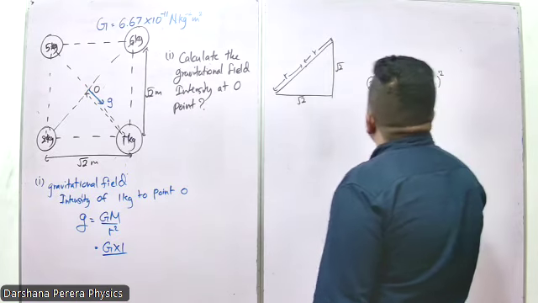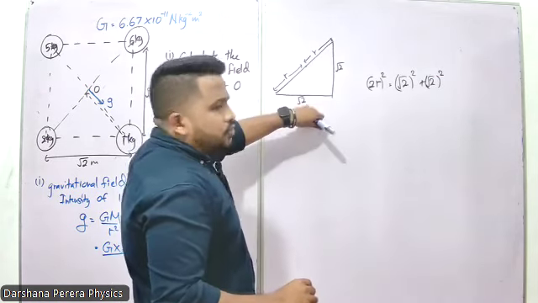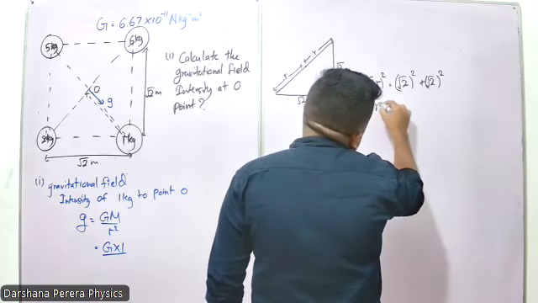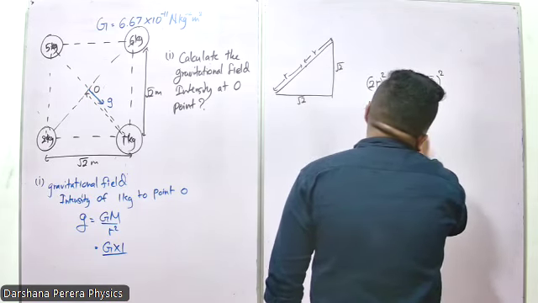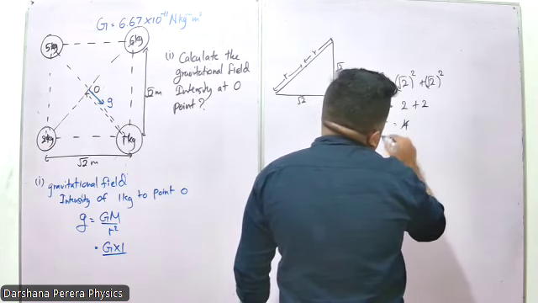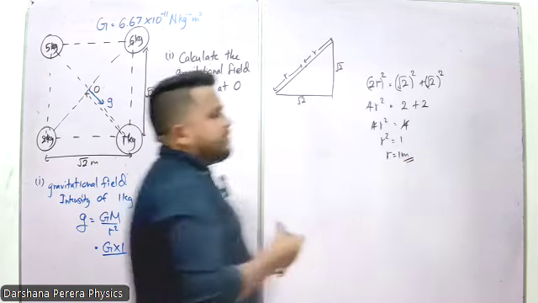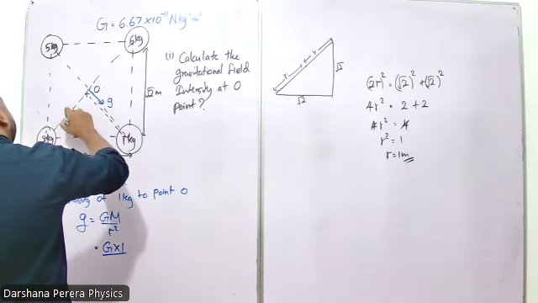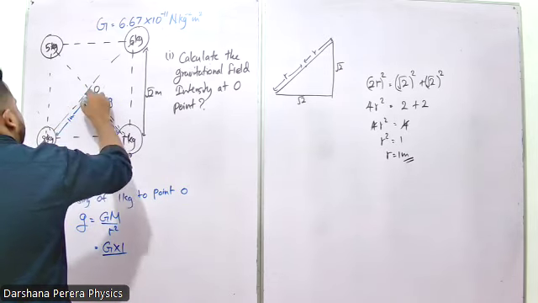So 4R square equals 2 plus 2, that means 4. So R square equals 1, R equals 1 meter. The length of this one is 1 meter.